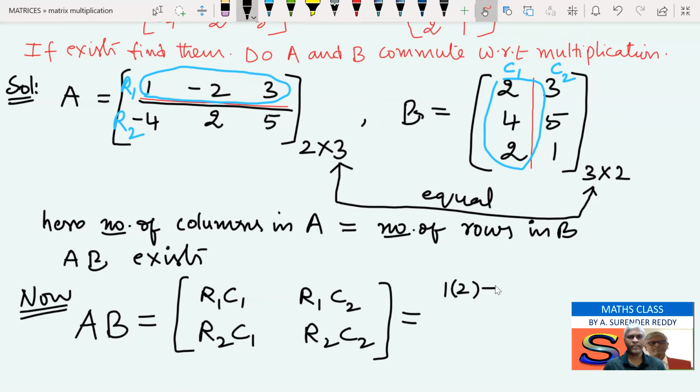Next, the second: minus 2 into 4. Here I think the place is not sufficient.